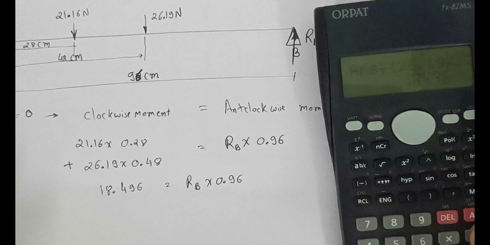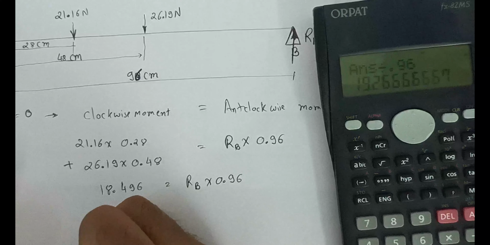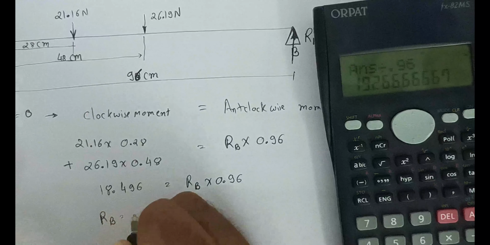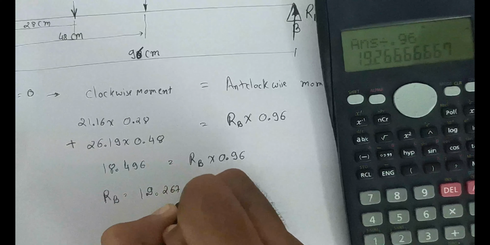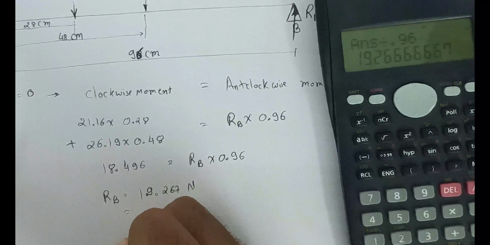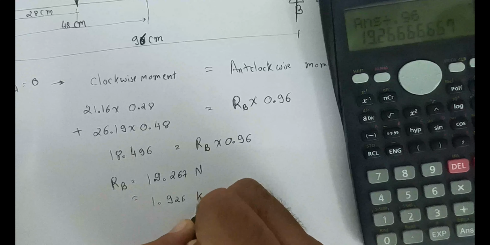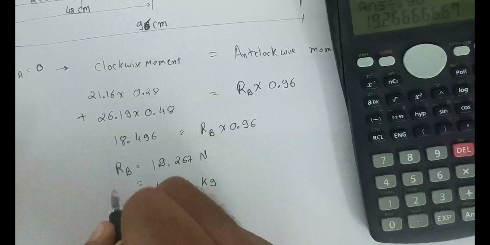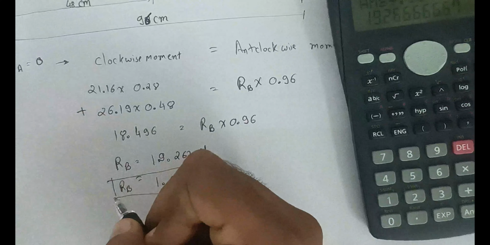Dividing by 0.96, RB equals 19.267 Newton, which equals 1.926 kg.